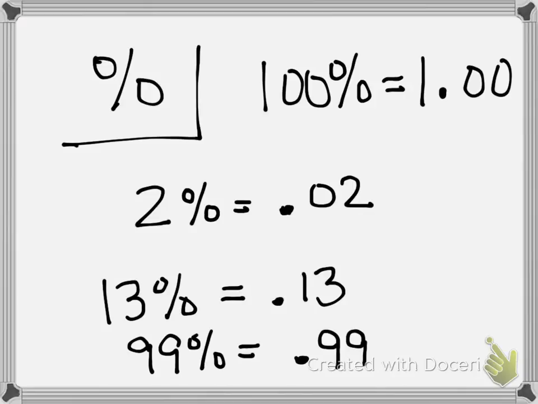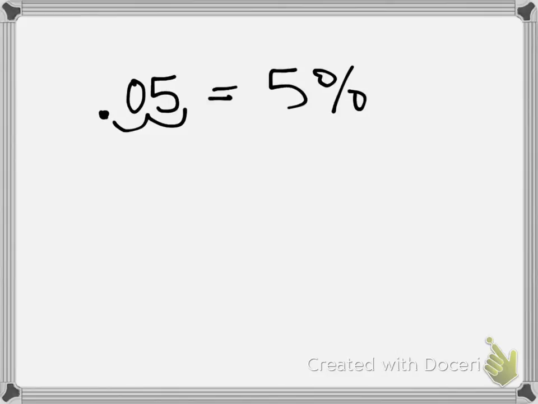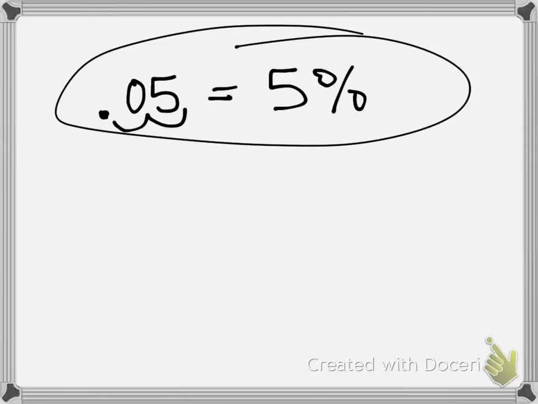So look at what you're doing with the decimal. If your decimal started where the percent sign was, it is always moving 2 places. And if you're going from percent to decimal, it went to the left. But look if you were going backwards. So if I told you you had 5 cents and I wanted you to write it in percentage, you would have to do that to get 5%.